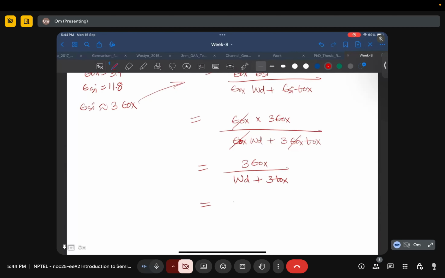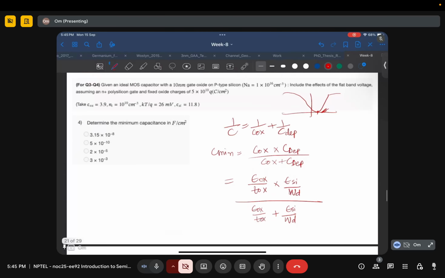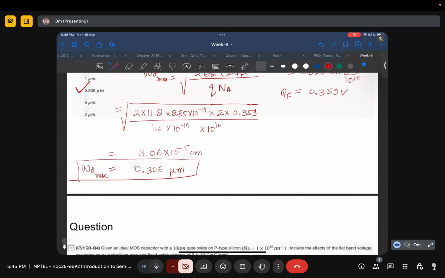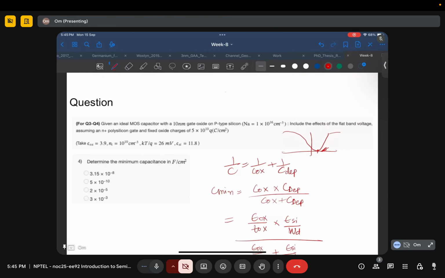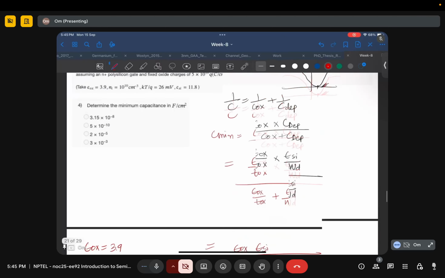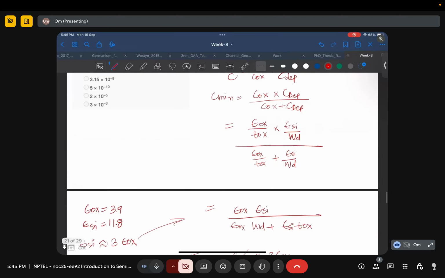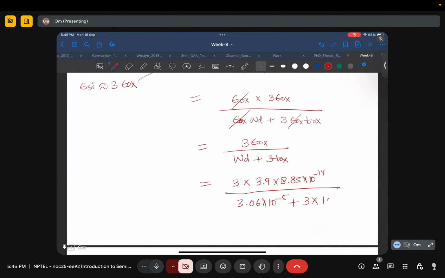Now we substitute the values: 3 into 3.9 into 8.85 into 10 to the power minus 14, WD we calculated in the previous part, which is 0.306 micrometer, which I can write as 3.06 into 10 to the power minus 5, plus 3 into Tox, which is 10 nanometer, 3 into 10 into 10 to the power minus 7.